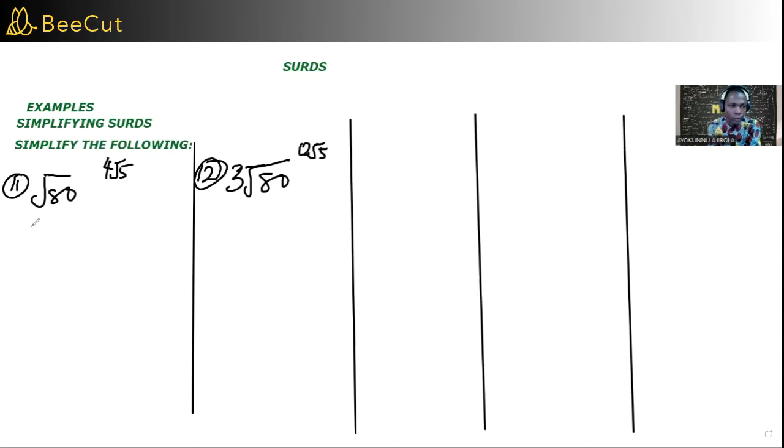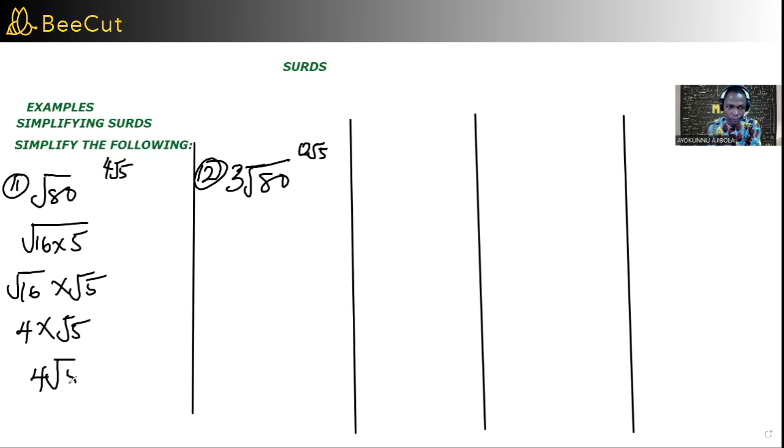I see it there. So that is root 16 times 5, which is 4 root 5, that's correct. And the other one is going to be 3 times 4 root 5, 12 root 5.